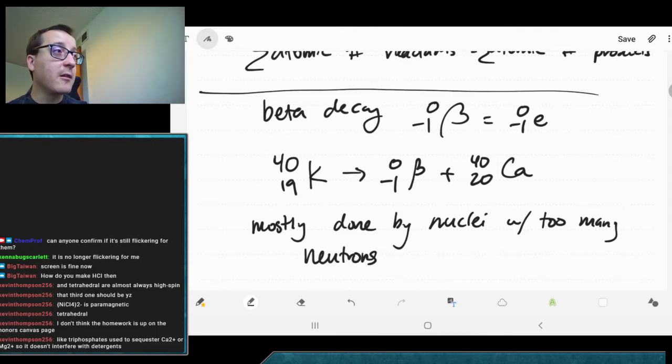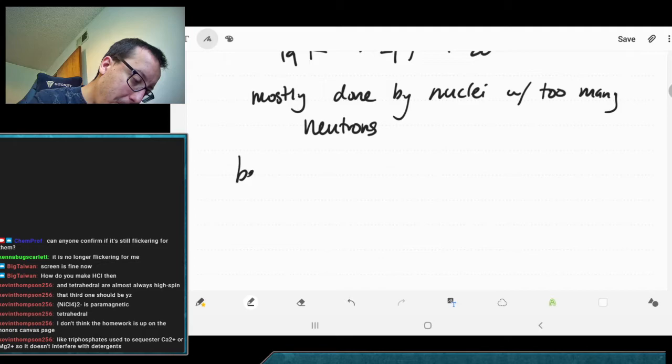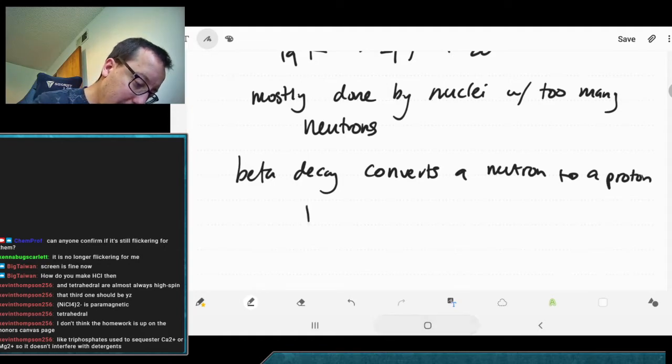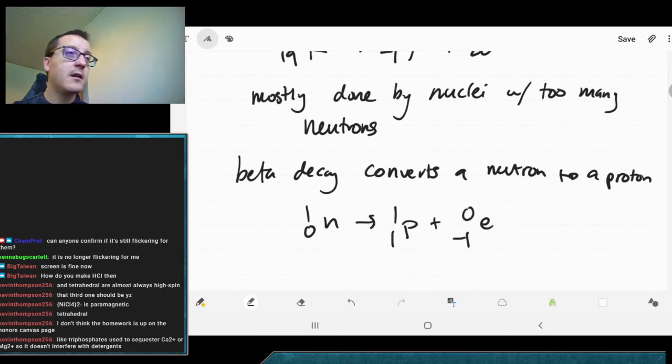Because if you see what we're doing here, essentially we're going to be converting one of those neutrons into a proton. It converts a neutron to a proton. So we end up having our neutron becoming a proton and losing an electron out of it. So this is expelled from the nucleus.